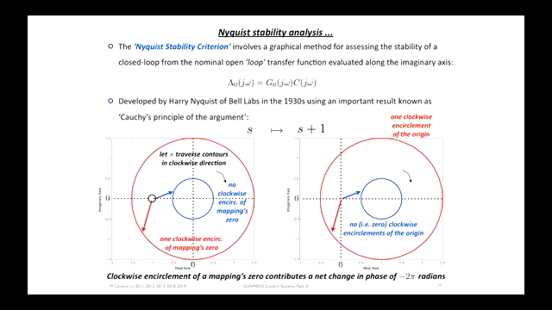If we evaluate the rational function as we traverse this contour in a clockwise direction, each point on this contour gets mapped to a new point in the complex plane under this mapping. So the point minus 1.5 gets mapped to minus 0.5. The point 0 plus j 1.5 gets mapped to 1 plus j 1.5.